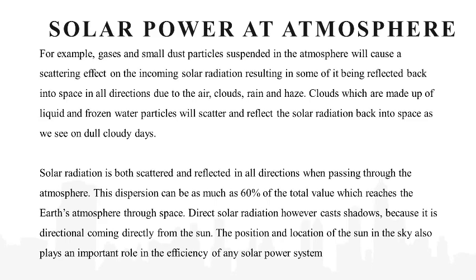Direct solar radiation, however, casts shadows because it is directional, coming directly from the sun. The position of the sun in the sky also plays an important role in the efficiency of any solar power system.